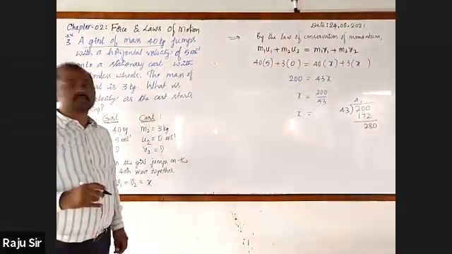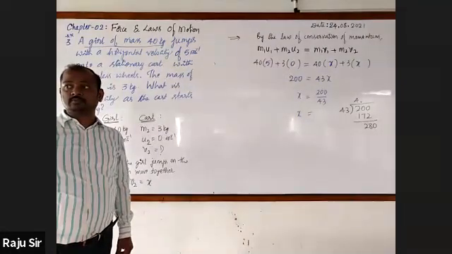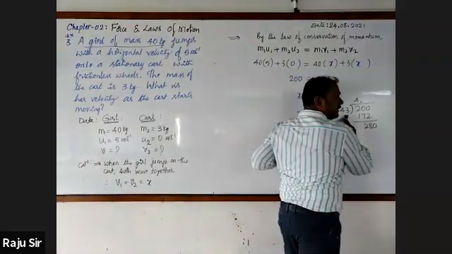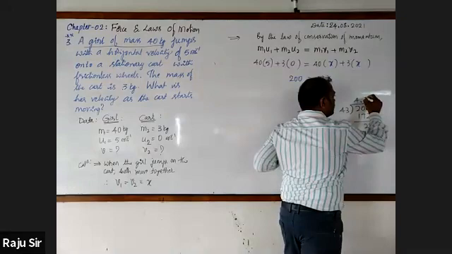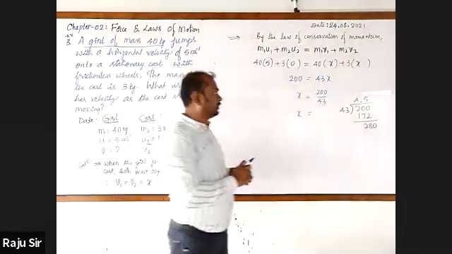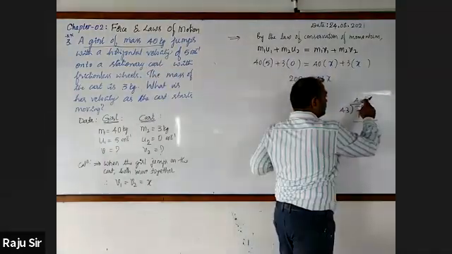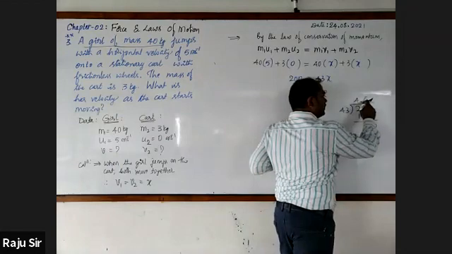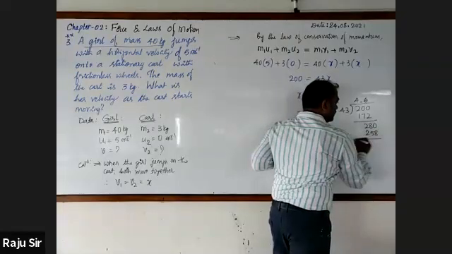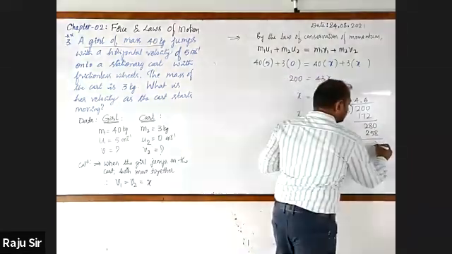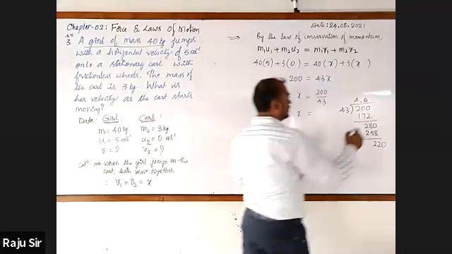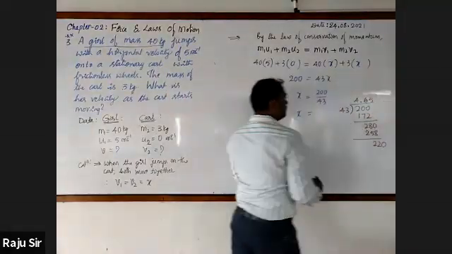Next digit: 6. 43 into 6 is 258. Then 5 comes, giving 215.